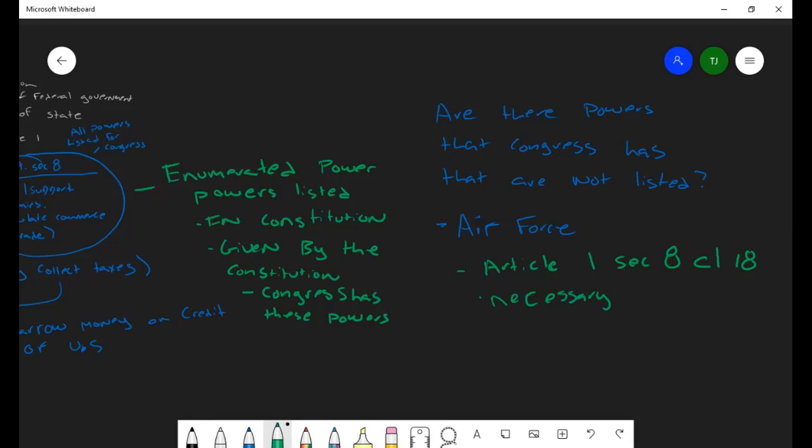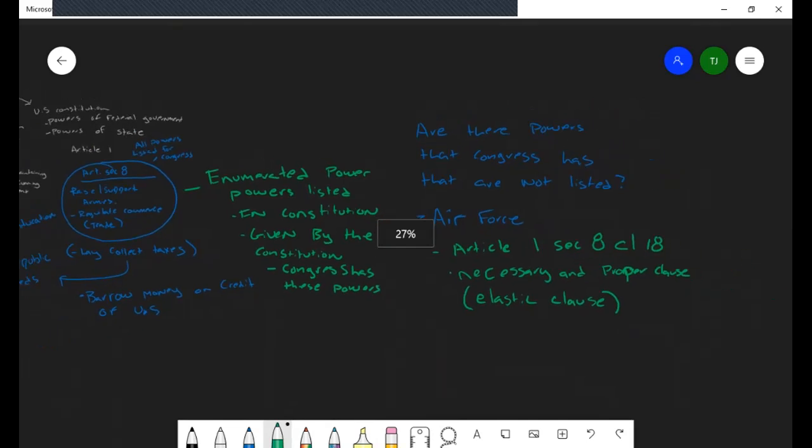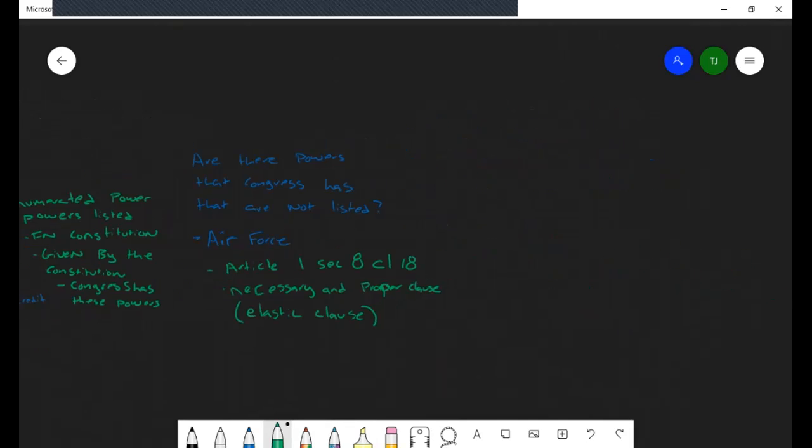Okay, it's called the necessary and proper clause, or the elastic clause. Why elastic clause? Because it stretches the power of the federal government, or gives them the necessary flexibility. Necessary and what? Proper.